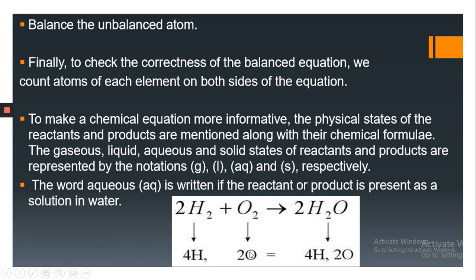According to balancing, the number of atoms on both sides should be equal. So here 2 into 2 is 4, and here 2 into 2 is 4. Now in the case of oxygen, O2, on the left hand side 2 atoms are there, and the same on the right hand side, 2 atoms are there. Like this, we can balance our equation as well as make our equation more informative.